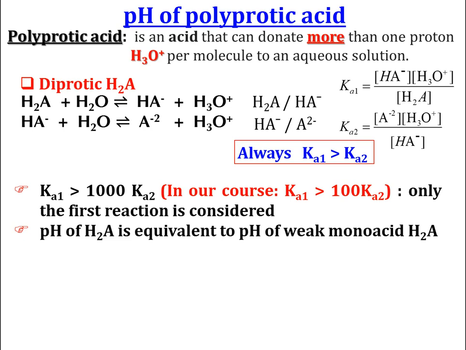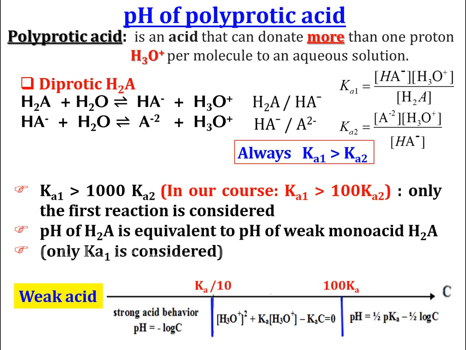So now we return to the calculation of the pH of weak acid. We have to know what is the initial concentration of H2A used and to compare this concentration to the value Ka over 10 and 100K.